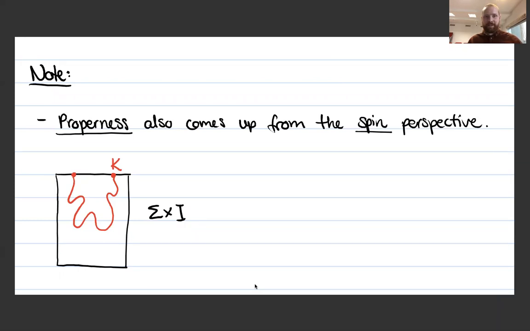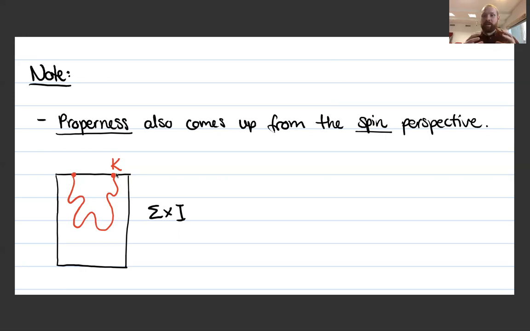I'm just mentioning that this properness is also coming up from the spin perspective, and briefly saying how that happens. In the spin perspective, in the old case, what you can do to compute the Arf invariant of your knot is take this surface again in sigma cross I. There's a unique spin structure on the complement of it that doesn't extend across it, and that induces a spin structure on this surface F. And that surface will have the bounding spin structure on its boundary.